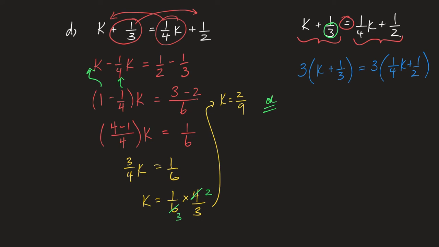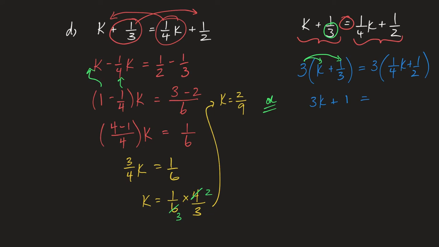Okay, why did I do that? Well, because when I now go to expand in my 3, that second arrow is going to eliminate that fraction. So when I expand in on the left side, I'm going to get a 3k plus, well, 3 times 1/3 is going to give me 1. And notice, I just eliminated my fraction on the left side.